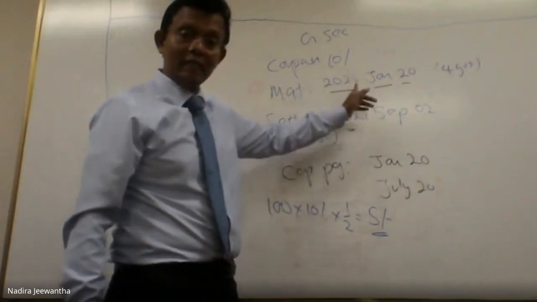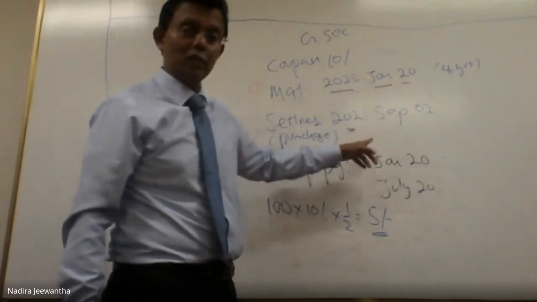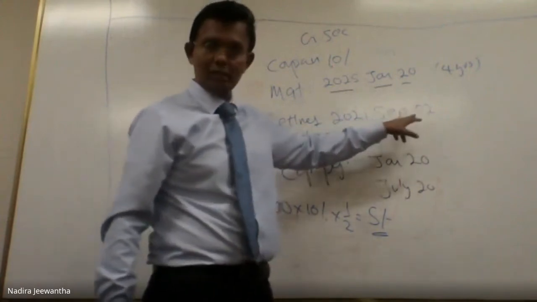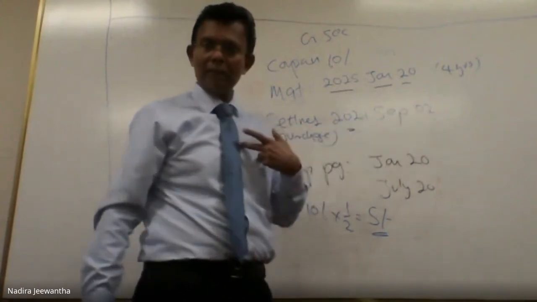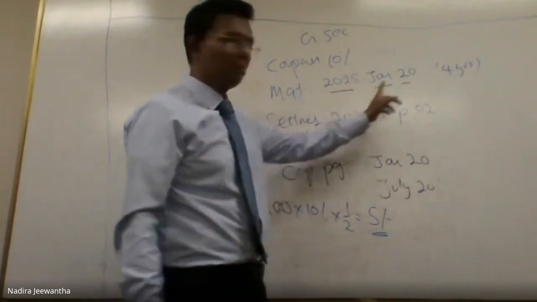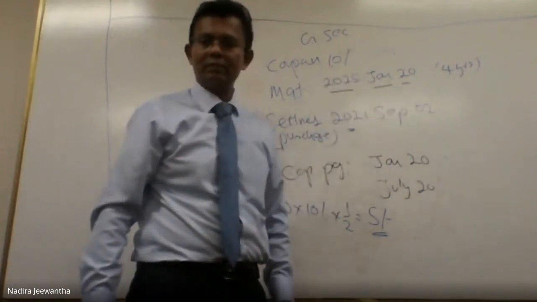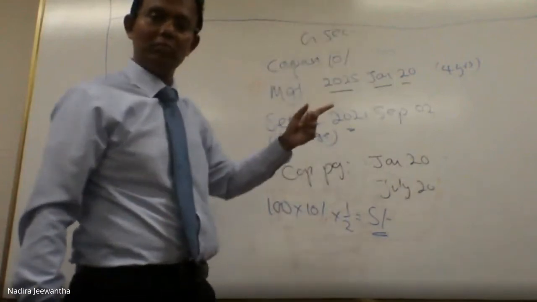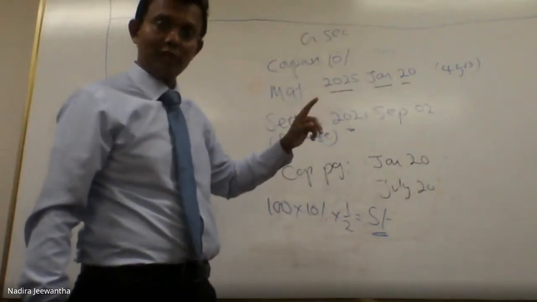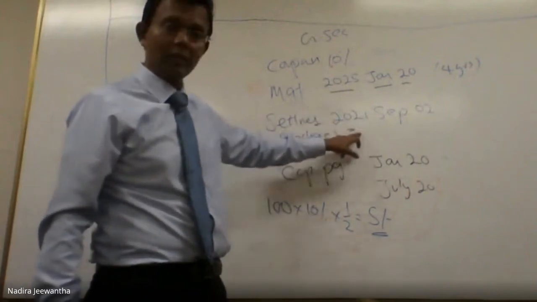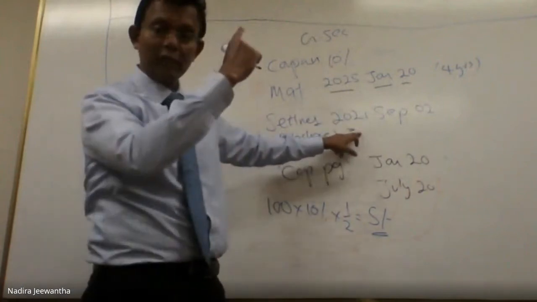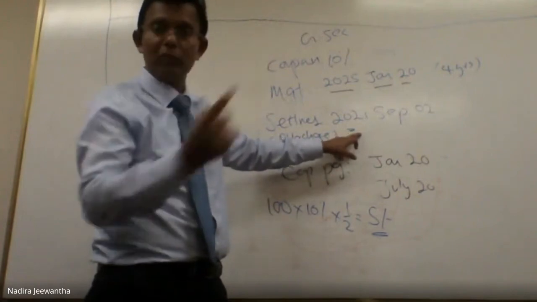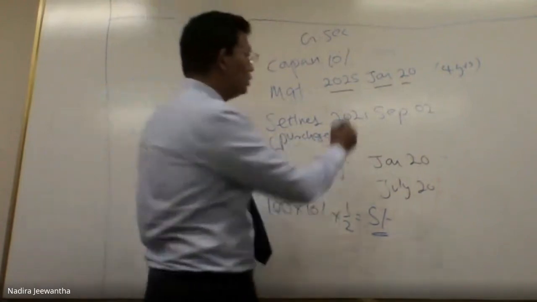Now, this seller was holding this particular instrument till 2021 September 1st. September 2nd only I purchased. Until September 1st, he was holding. So when was the last coupon date for him? We are in September. What is the last coupon date, January or July? Obviously, July. July 20th.